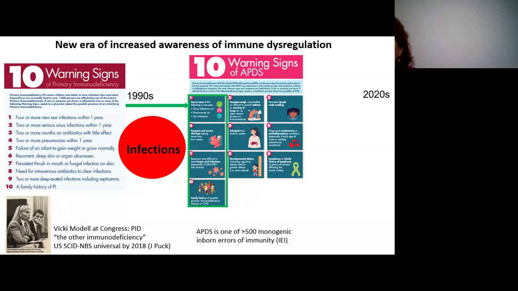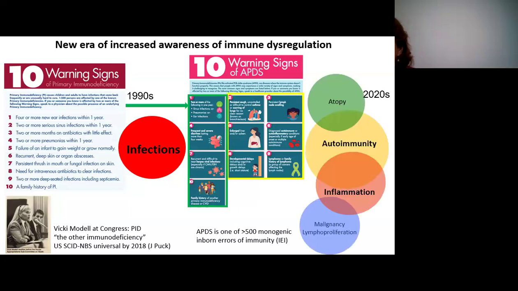Now we are talking about very different conditions and clinical features, such as persistent cough, enlarged liver and spleen, lymph node swelling somewhere in the body, autoinflammatory conditions, developmental delay, and lymphoma. So the features of these disorders are no longer infections alone. If anything, many of them will present with atopy, autoimmunity, inflammation, and malignancy.